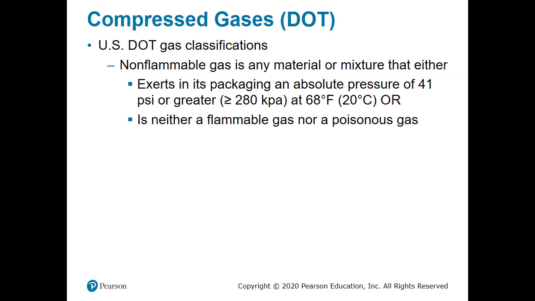So if it is a flammable gas, obviously it's going to get a red placard by the DOT. If it is a poisonous gas, it'll get a black and white placard based on the DOT regulations. But if it is neither, and it is at a high enough pressure to be considered a compressed gas, then it'll get one of those green non-flammable placards.